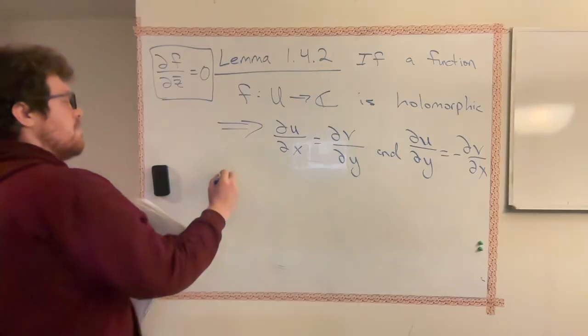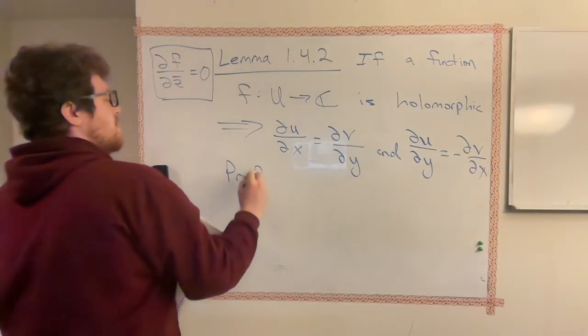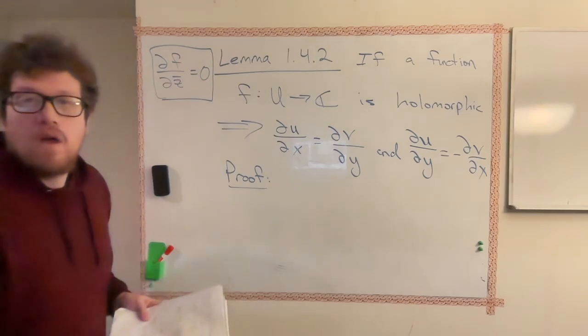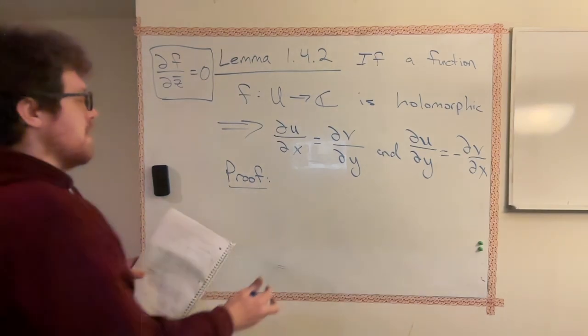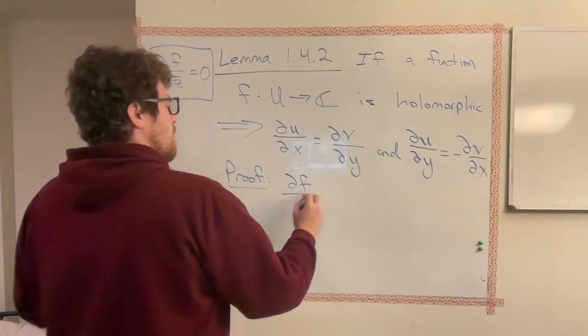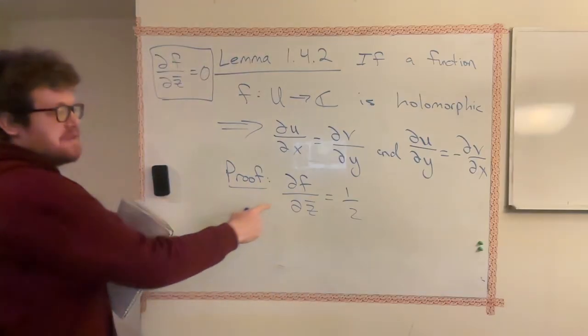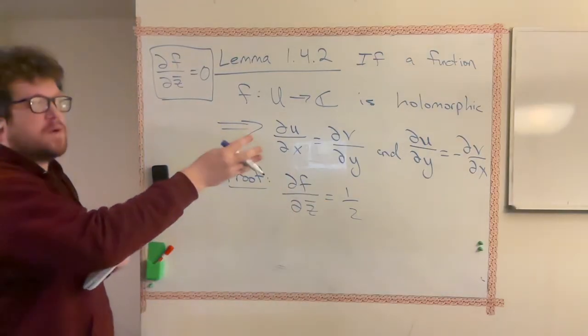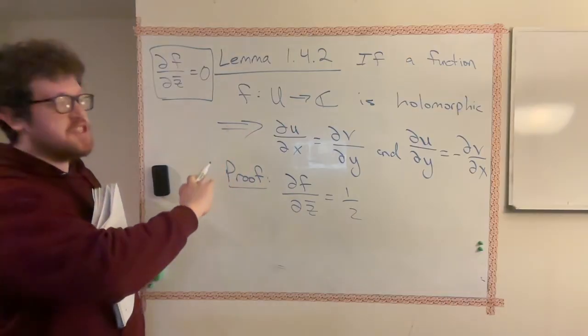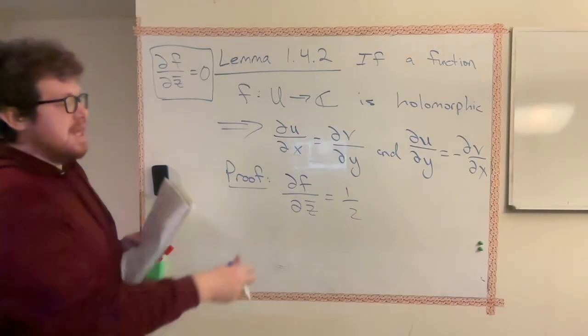What is the proof of this? Proof is pretty simple, straightforward. So we can write df dz bar. If you track what's going on here with this change of variables, this is very similar to when we were changing from z and z bar into x and y.